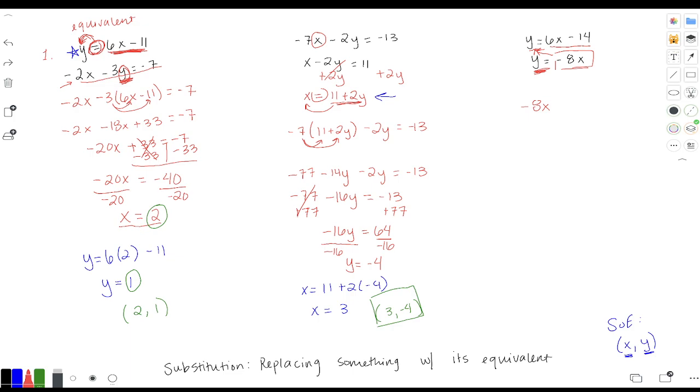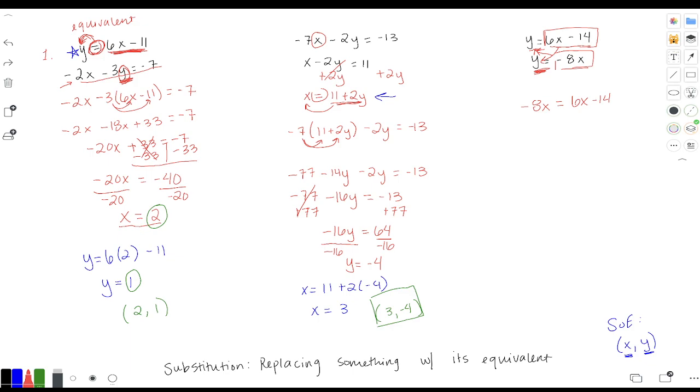So we can plug it in for y, and then we can have the rest of our equation as is, because we didn't plug anything in for x, we just plugged something in for y. You can also do that vice versa, where you can plug in the 6x minus 14 for this y, but it's going to get you to about the same thing either way.